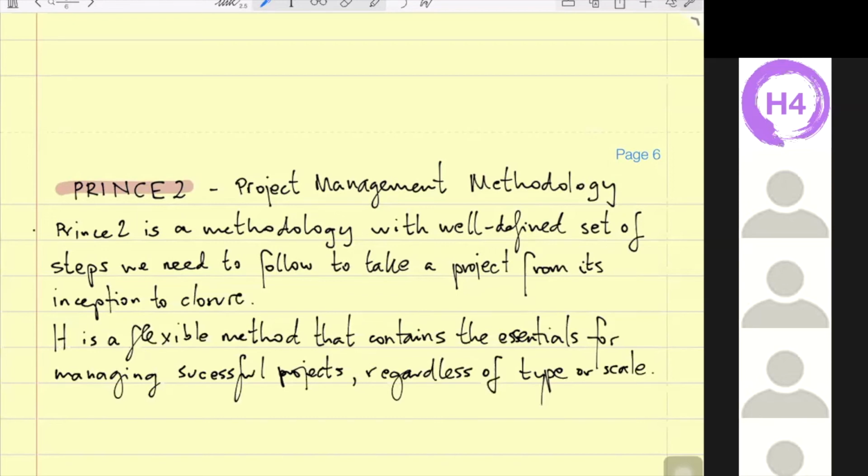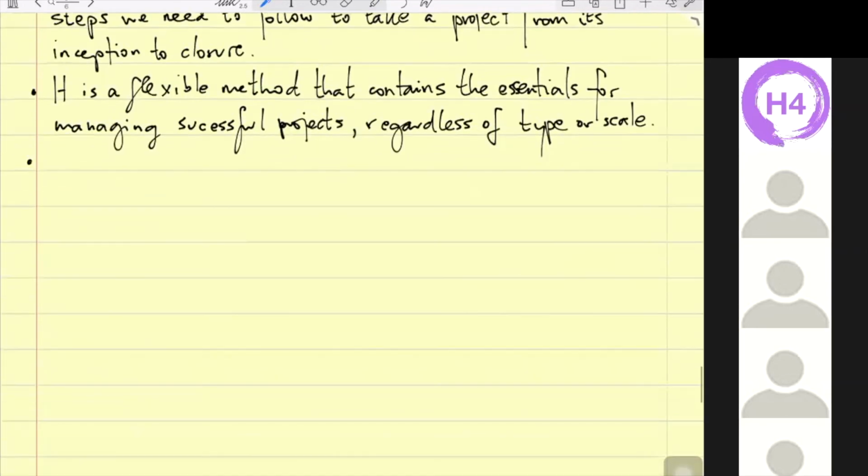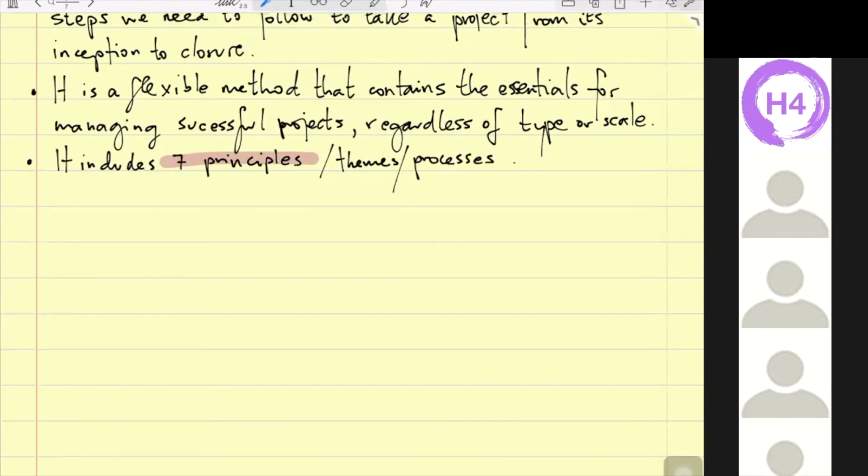It includes seven principles, themes or processes, and can be tailored to meet your specifications.